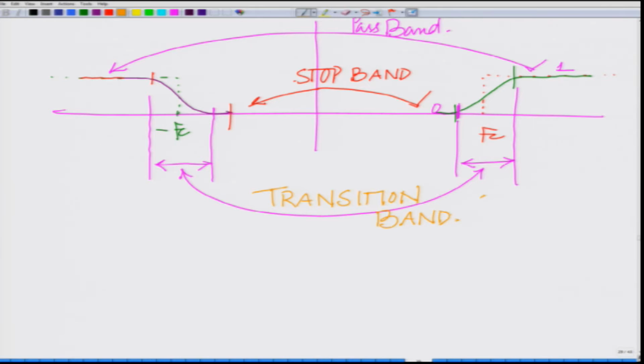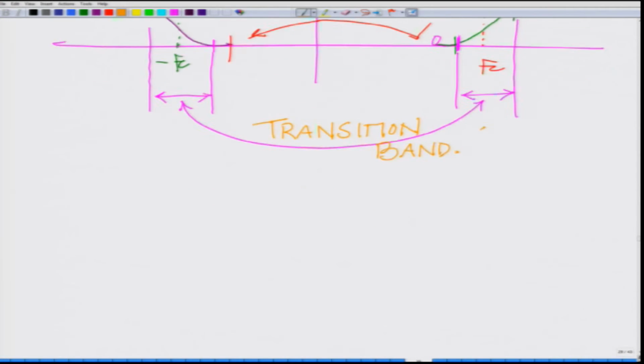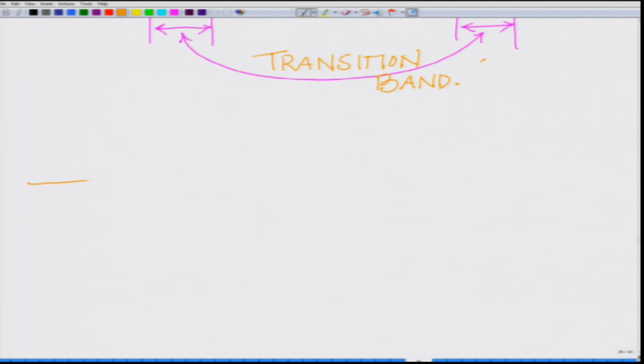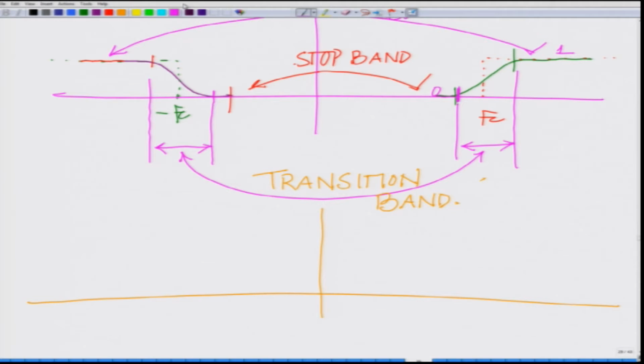And what happens when you have this non-ideal filter, and you pass the same DSB-SC double sideband modulated signal, that is m(t) cosine 2 pi Fc t, alright. When you pass it through this, of course you have something like this over here.